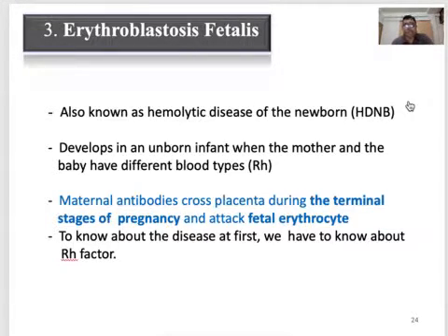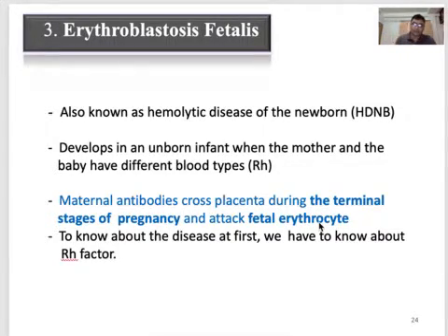In the terminal stage of pregnancy, the maternal antibodies, the antibodies which develop in the mother's body, cross the placenta and attack the fetal erythrocytes. Basically, the antibodies cross the placenta, attach to the cell surface of the fetal erythrocyte and coat it, which is called sensitization.